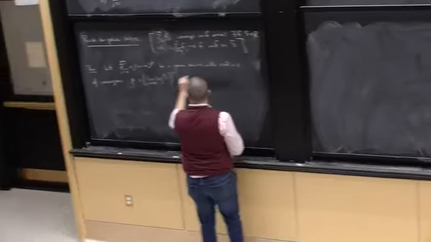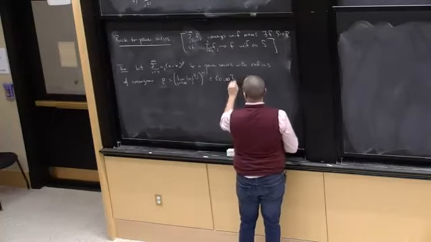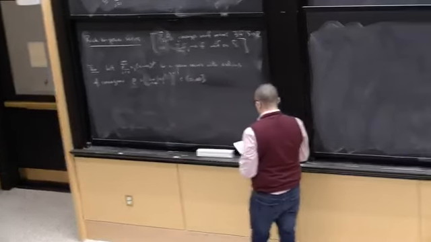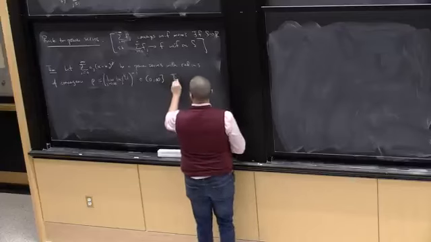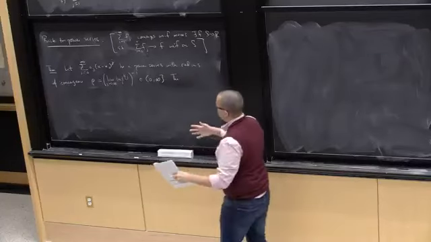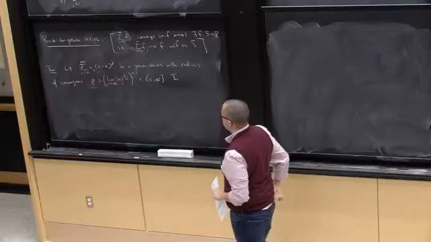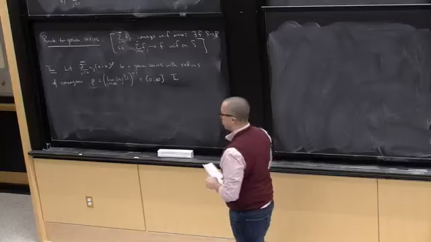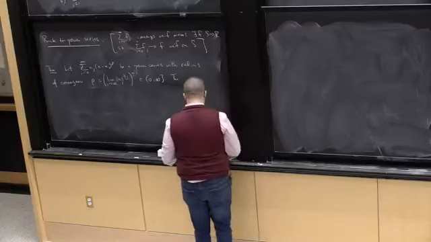So let's assume this is positive, then as long as I stay strictly inside the radius of convergence, I have uniform convergence. Okay? This is the statement of the theorem.